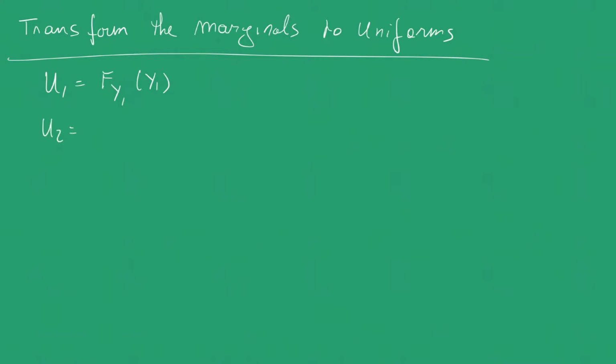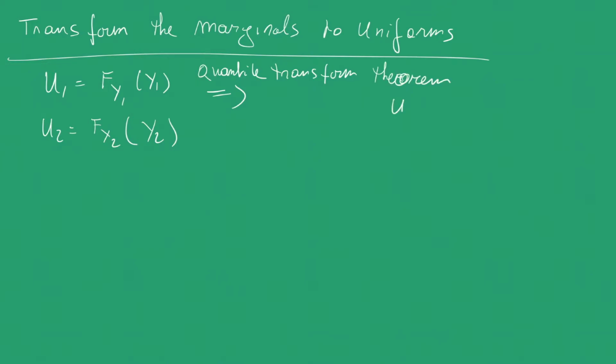So I use the CDF of y1 to go from y1 to u1, and the same for y2: I apply the CDF of y2 to get the random variable u2. And then using the quantile transform theorem, I find that u1 has a uniform distribution over 0, 1, and the same for u2. It is also uniform on 0, 1.